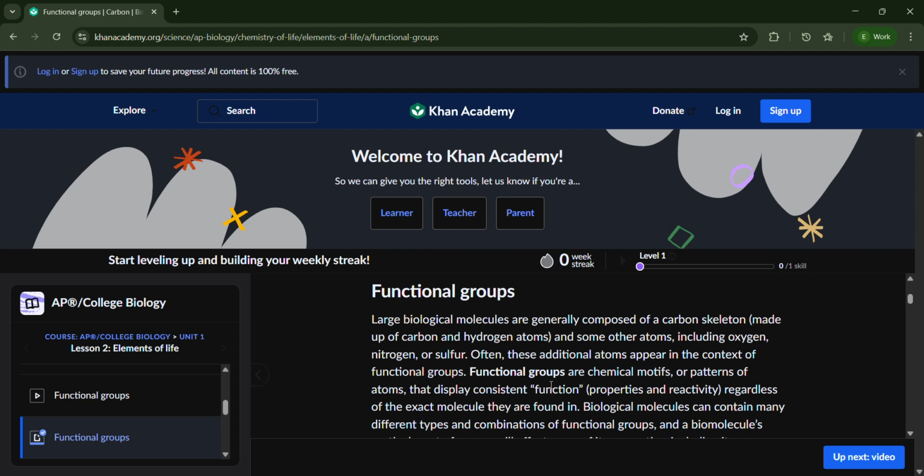Functional groups. Large biological molecules are generally composed of a carbon skeleton made up of carbon and hydrogen atoms and some other atoms including oxygen, nitrogen, or sulfur. Often these additional atoms appear in the context of functional groups.